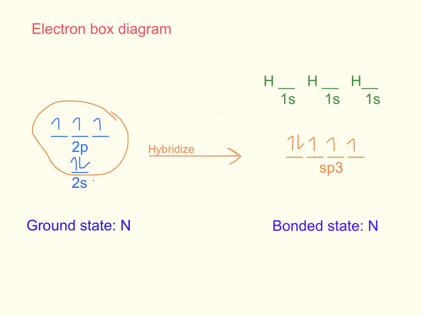And you have to show which electrons came from hydrogen. So right here, hydrogen has 1 for each atom, but since there's 3, now there's 3 from hydrogen.